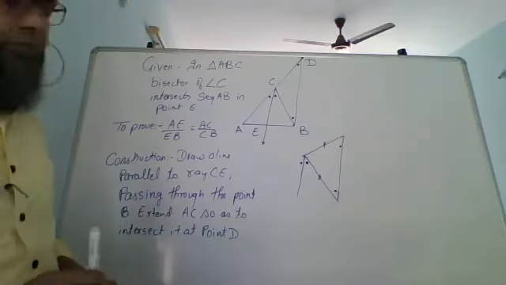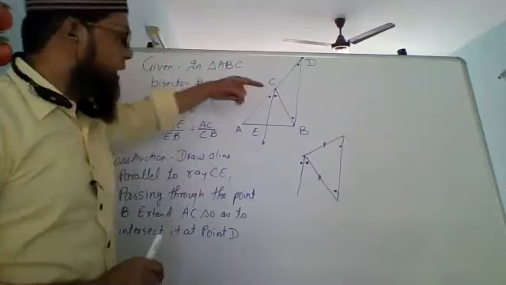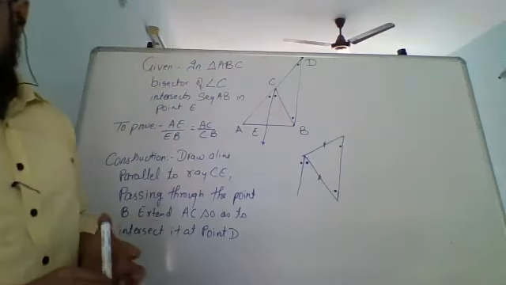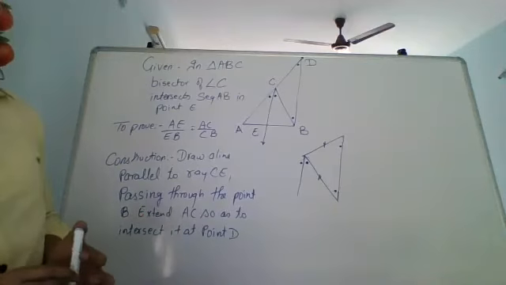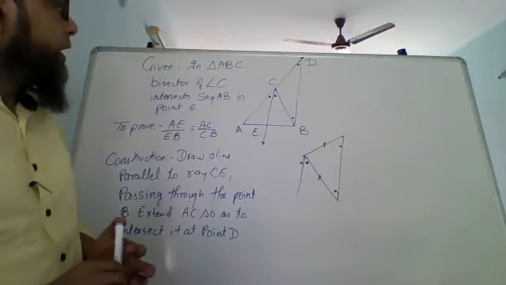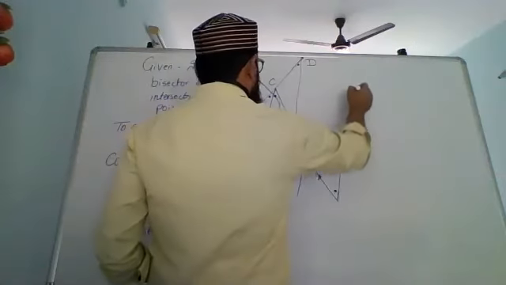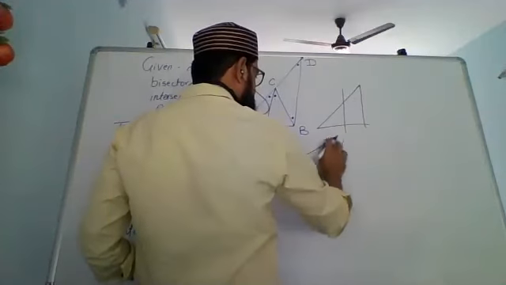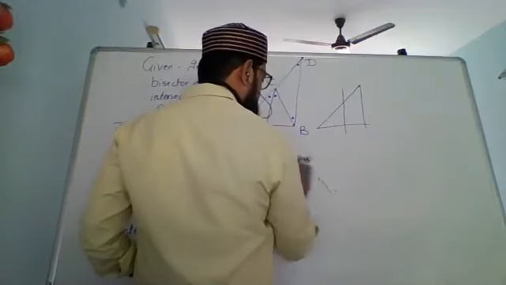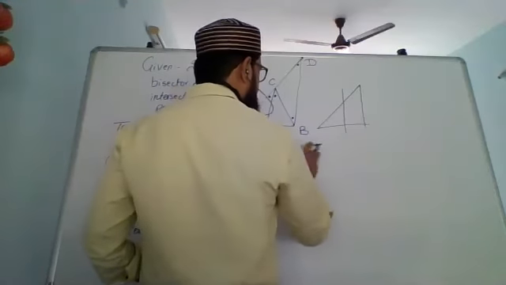Okay. That is done. Now, we'll take the full triangle ABD. In triangle ABD, this line is parallel by construction. And we have just last time, 6 days back, done BPT.